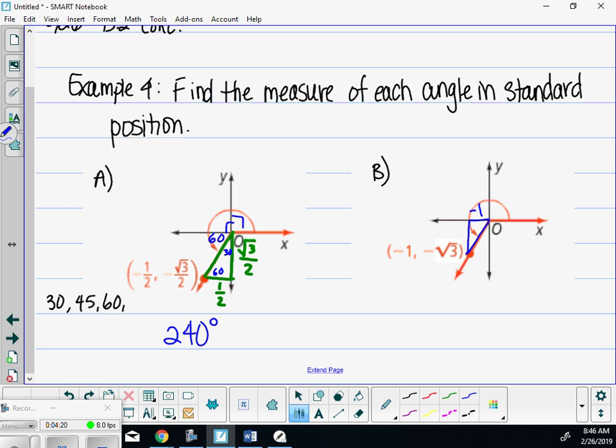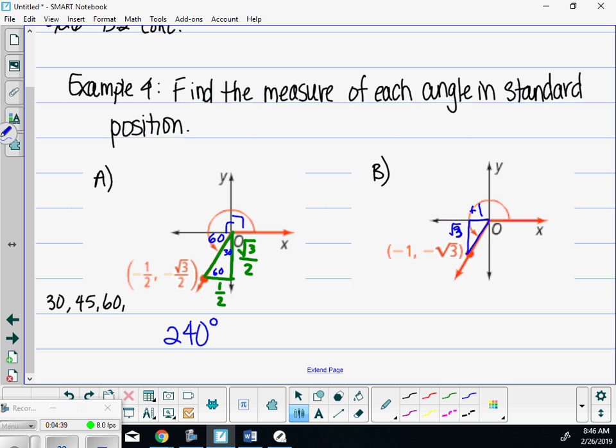So this piece right here is -1. And my y value is negative square root of 3, so this is square root of 3. We'll just say that distance is 1, and this distance is square root of 3.